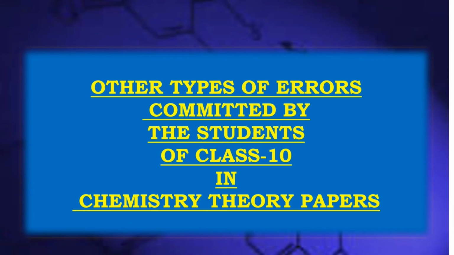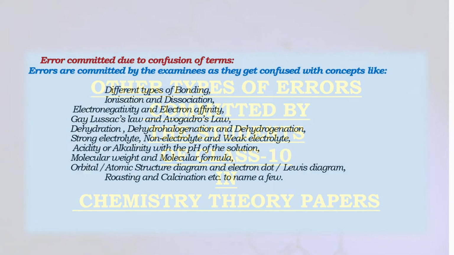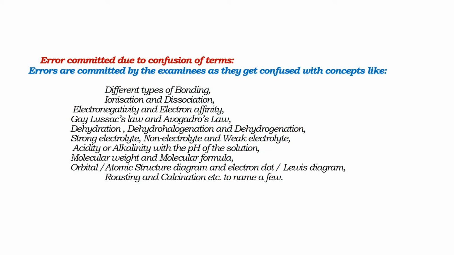Other types of errors committed by the students of class 10 in chemistry theory papers. Error committed due to confusion of terms.